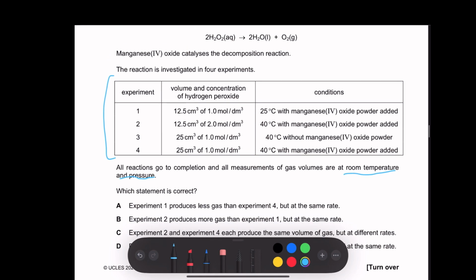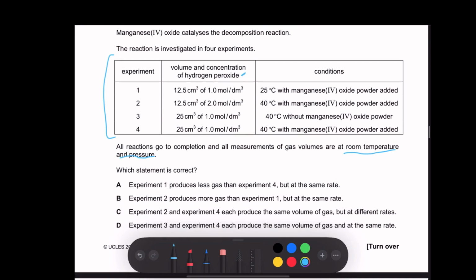Now in the experiment, they gave us the volume and concentration of hydrogen peroxide, and then they told us some conditions like 25 degrees, manganese peroxide powder added and all. Now from volume and concentration, what can we actually find?